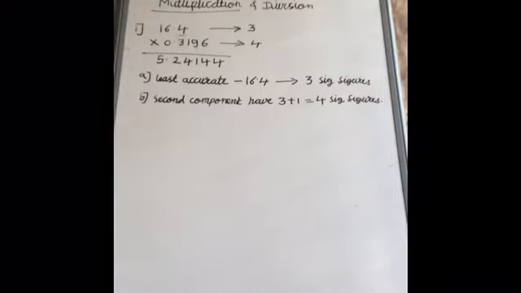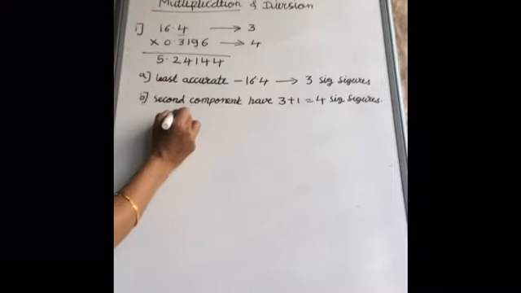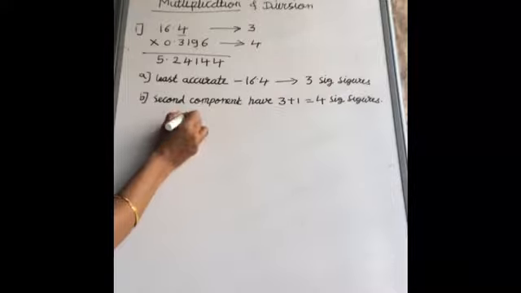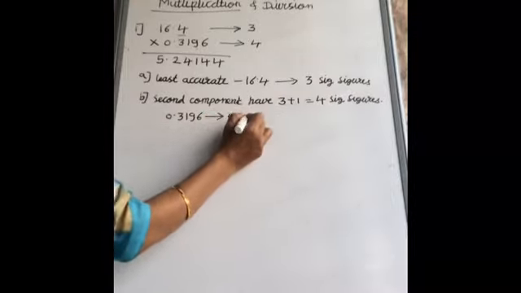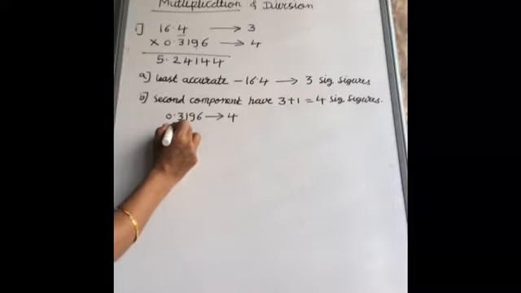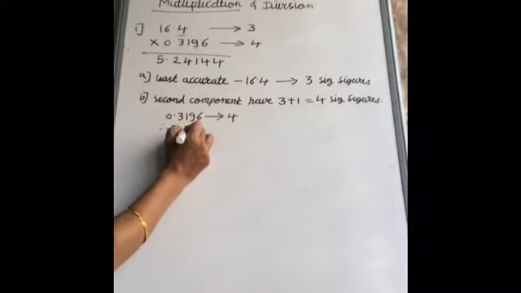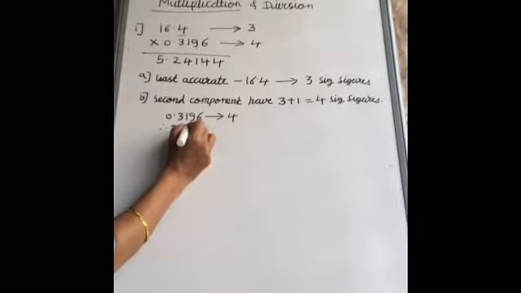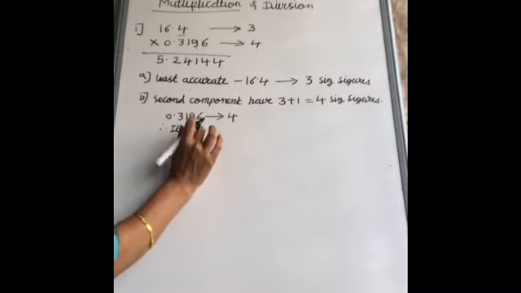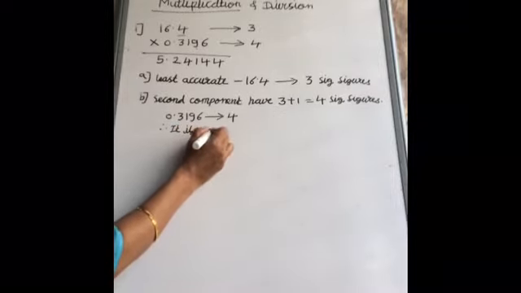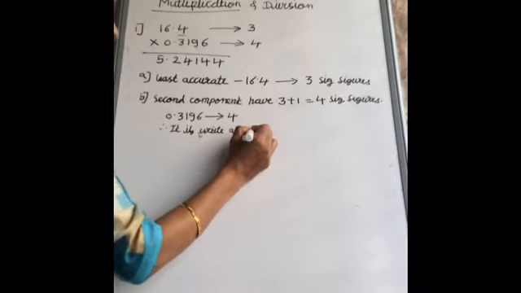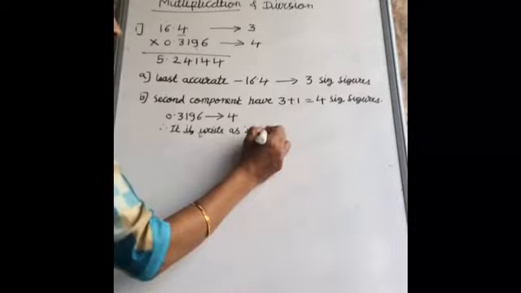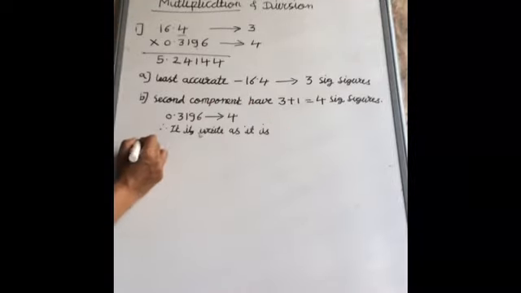Here the second component is 0.3196, having 4 significant figures, so we keep it as it is.